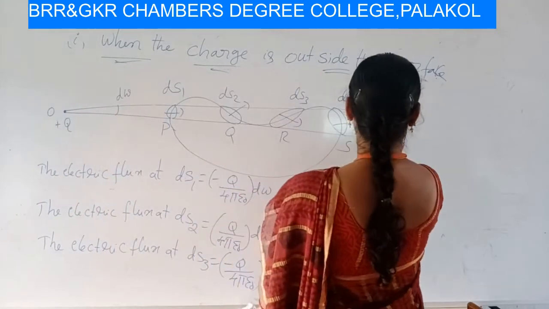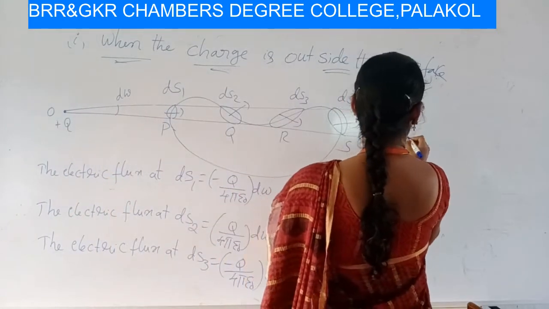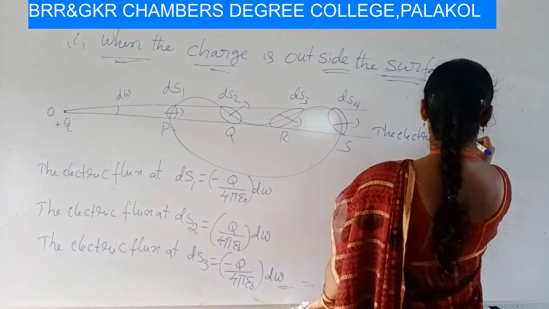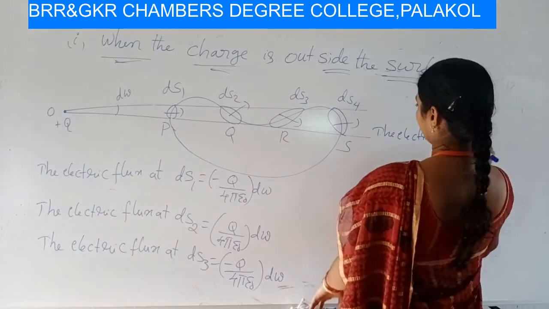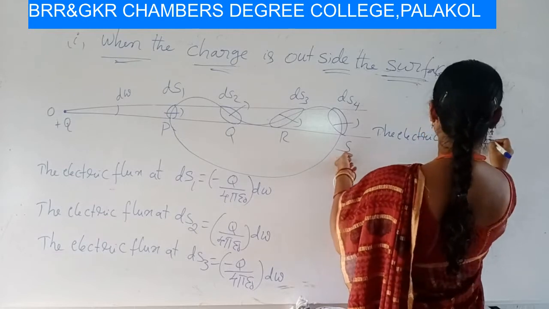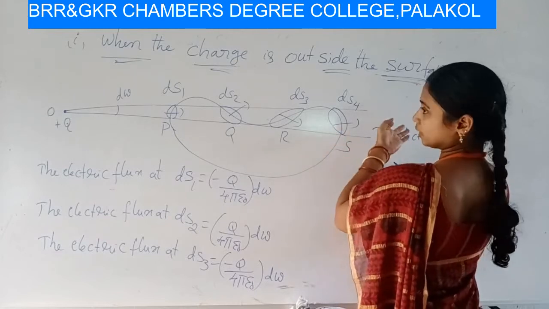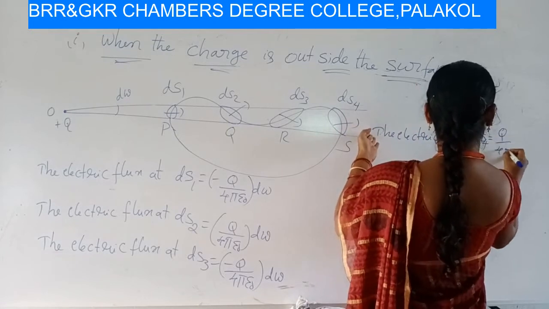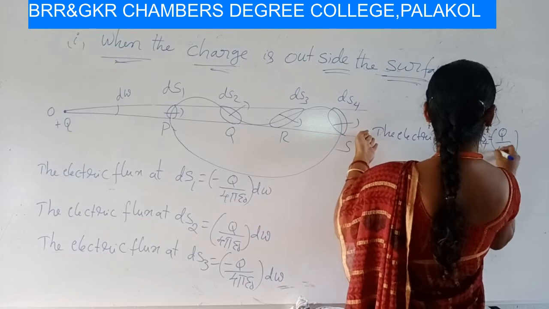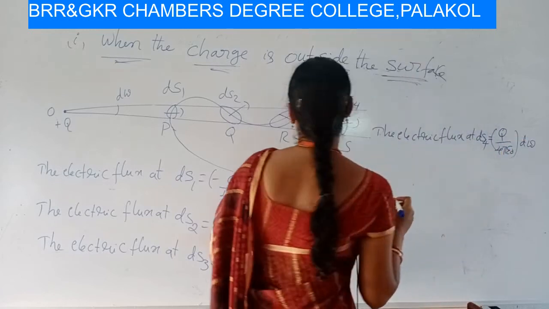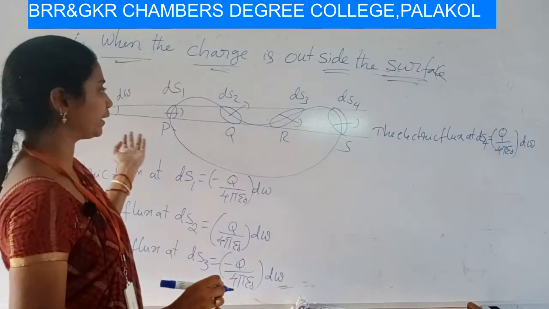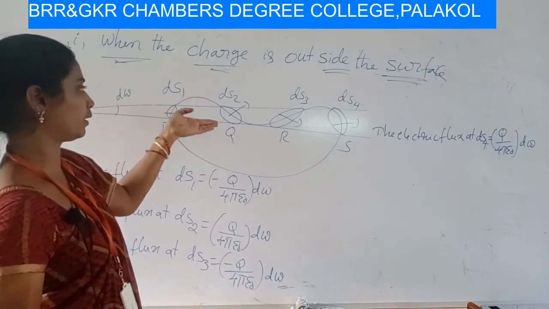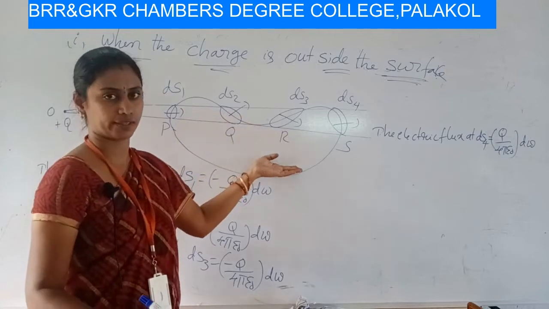And the electric flux at the ds4 area at point S is positive, because the flux is leaving in the outward direction, so we write q by 4 pi epsilon naught d omega. The total electric flux through this entire area is obtained by adding the ds1, ds2, ds3 and ds4 fluxes.